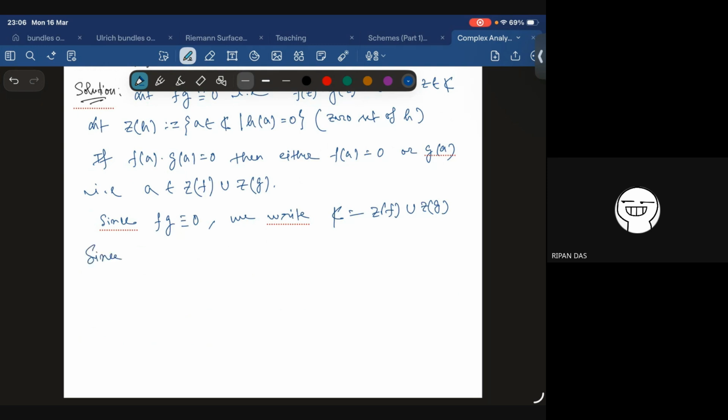Since C is uncountable, at least one of Z(f) and Z(g) is uncountable.